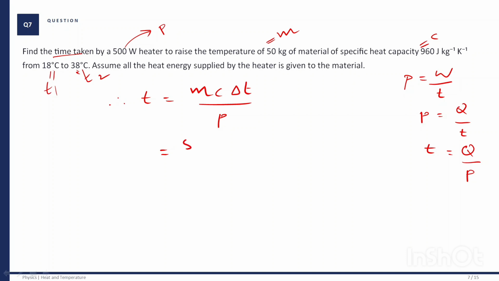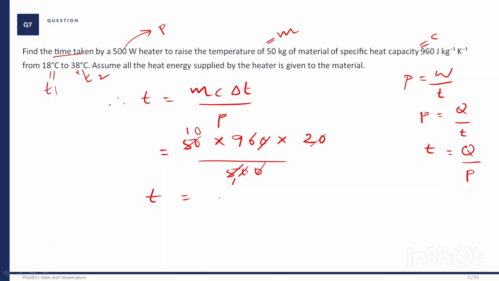Mass is 50, into C is 960, into the temperature difference 20 degrees Celsius, divided by power 500. The zeros get cancelled. 5 ones are 5, 5 tens are 50.